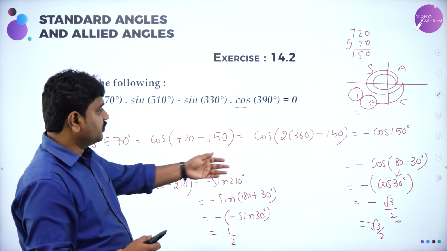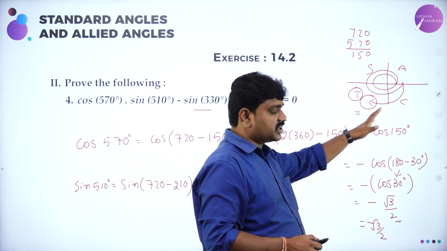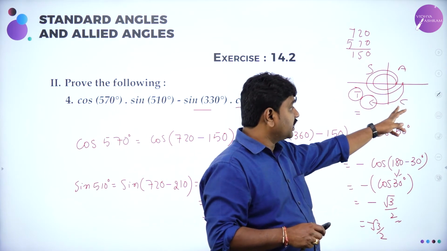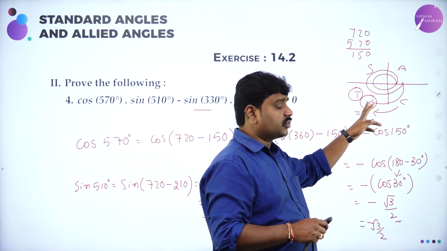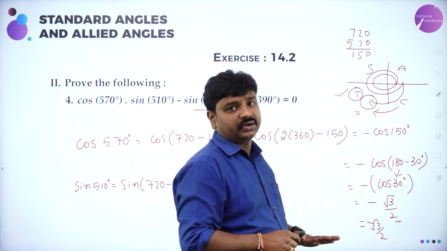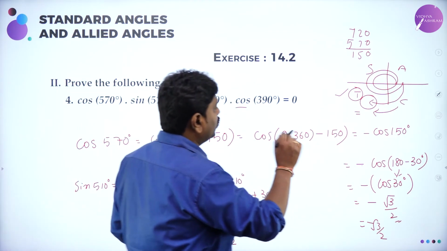Whenever you do this, cos of 360 minus theta is positive cos theta, but theta we are subtracting is more than 90. We are going for 150, which means after the fourth quadrant we go to the third quadrant. In the third, tan is negative, so the final answer has to be negative. Or otherwise, you can also do it another way. Use the rule blindly.